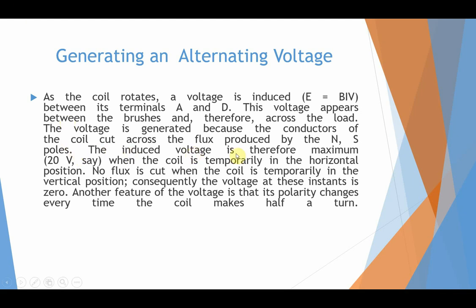The induced voltage is therefore maximum, 20 volt in this scenario, when the coil is momentarily in the horizontal position. No flux is cut when the coil is in the vertical position. Consequently, the voltage at this instant is zero. Another feature of the voltage is that its polarity changes every time the coil makes half a turn.